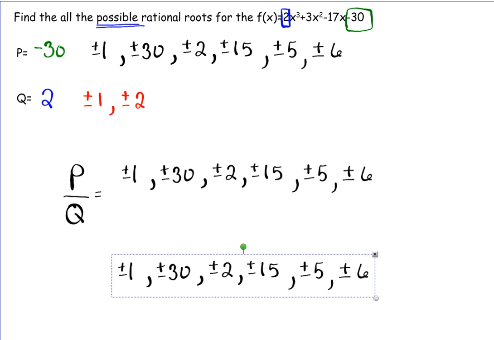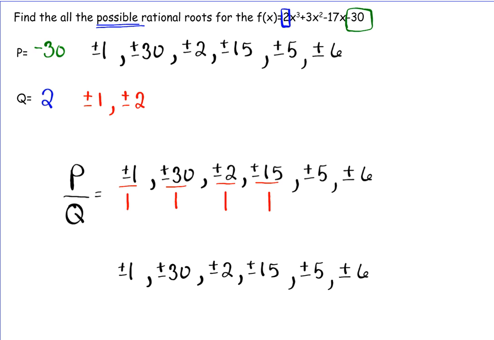I had 2: plus or minus 1, and plus or minus 2. Remember, plus or minus means there are really two versions there, the positive version and the negative version. So on each one of these in the upper set, I'm going to put 1 underneath, and then on the lower set, we'll put 2 underneath.